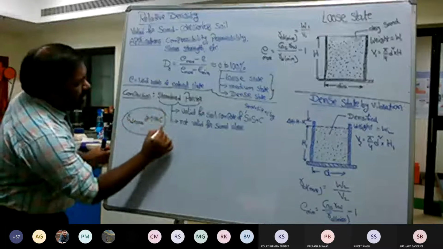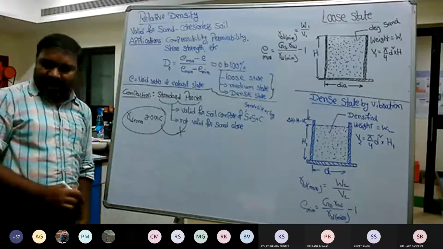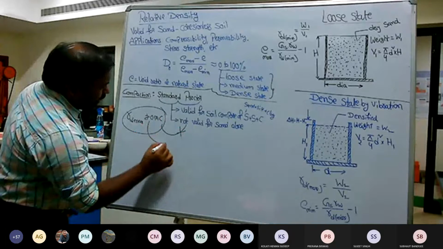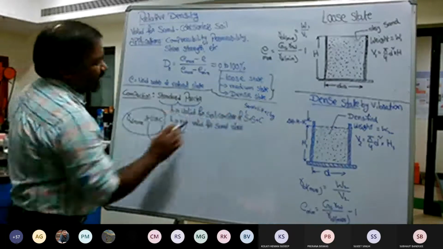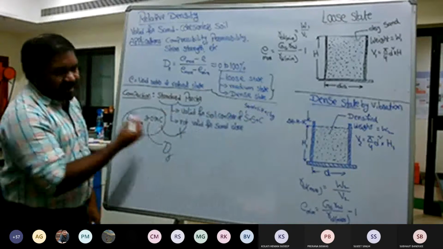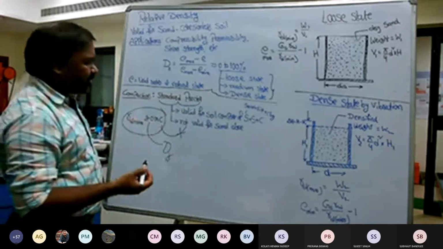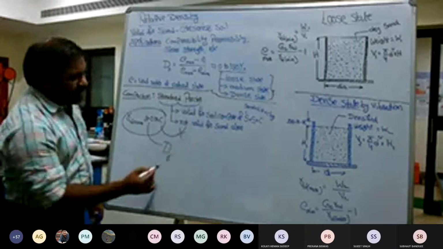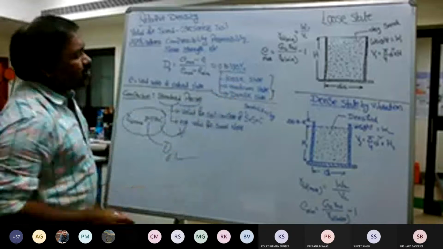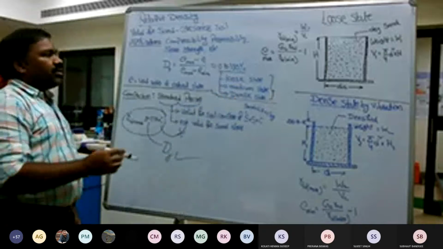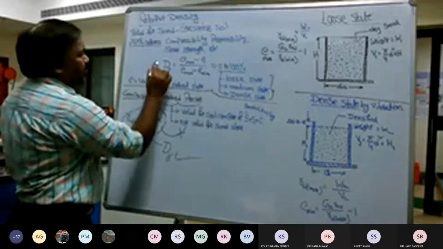But this is not valid in case of sand. It is replaced by the relative density. So in case of well-graded soil, we use gamma D max and OMC as compaction parameters, while in case of sand, we use the relative density to represent the state of the soil in the field condition. So this is the fundamental definition.